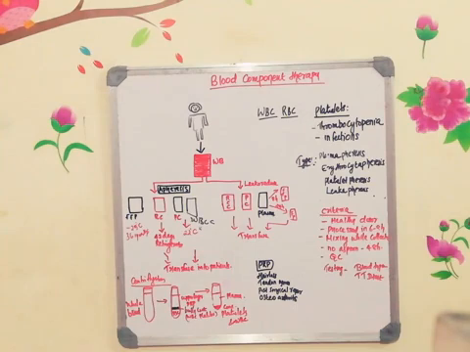Only the fluid part will pass through the membrane, and that plasma can be used for treatment, or it can be stored and used for treating, which is called fresh frozen plasma.